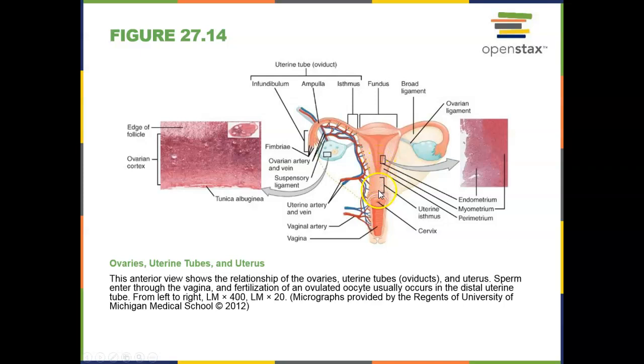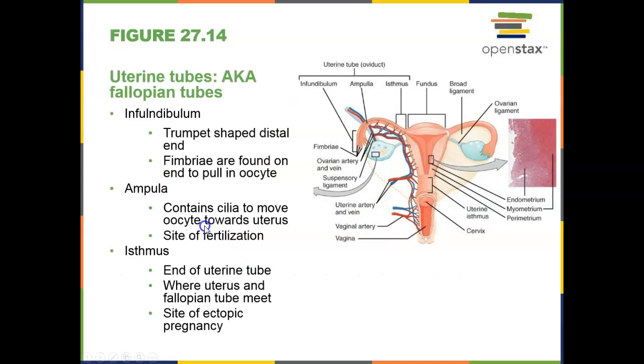At the end of the uterus is the cervical canal, and then we have the vagina. Now we're going to talk about the fallopian tubes, the uterus, and vagina. We've already talked about the vagina, so it's the fallopian tubes and uterus. All right, let's go on.